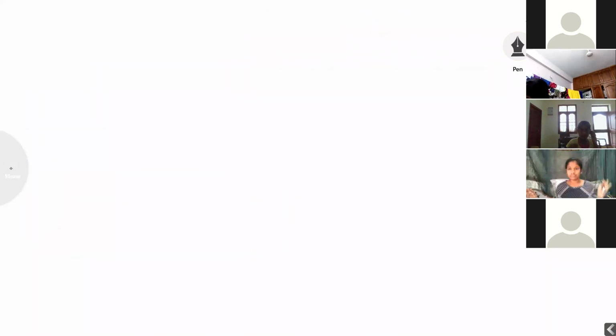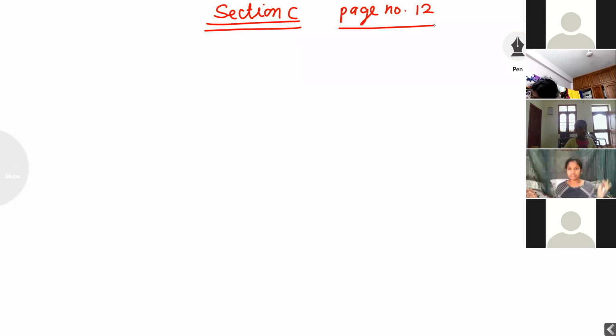Section C, page number 12, third bit. Solve the following crossword puzzle.